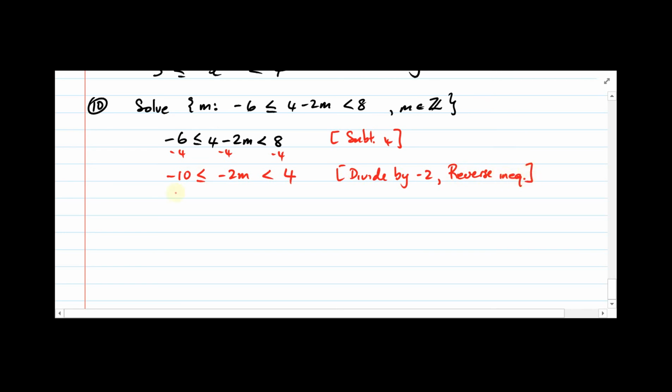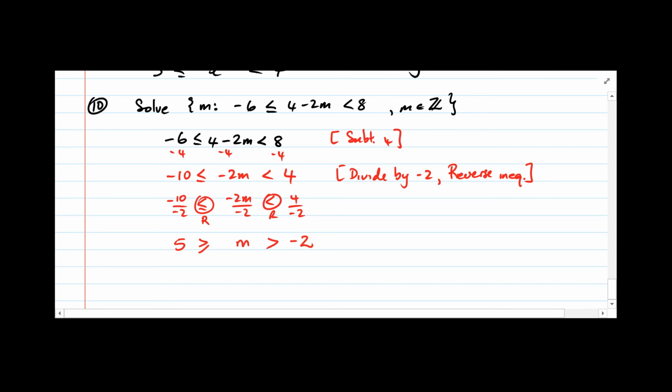As usual, when I do this, I'm not going to reverse the inequality yet. I'm going to indicate that in a step shortly. 4 over negative 2. Now let's simplify and actually reverse these things. So we have 5 is greater than or equal to m, which is greater than negative 2.